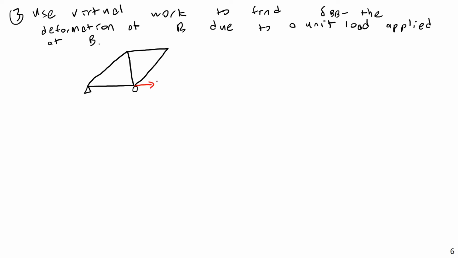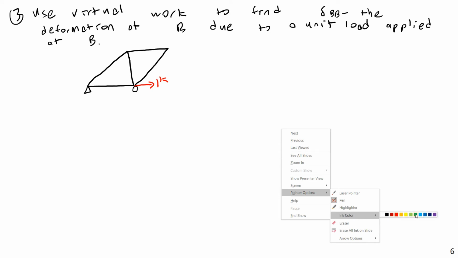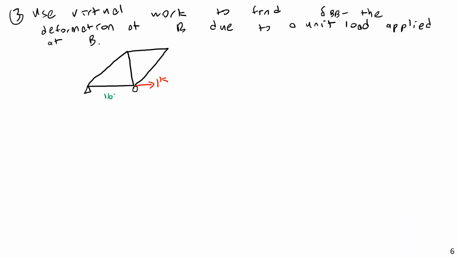And then I can go ahead and put the dimensions on there again. 16 feet and 16 feet, and 12 feet in the vertical. And then we have our 3, 4, 5 triangle for the slopes of these diagonals. This would be a 3, a 4, and a 5.